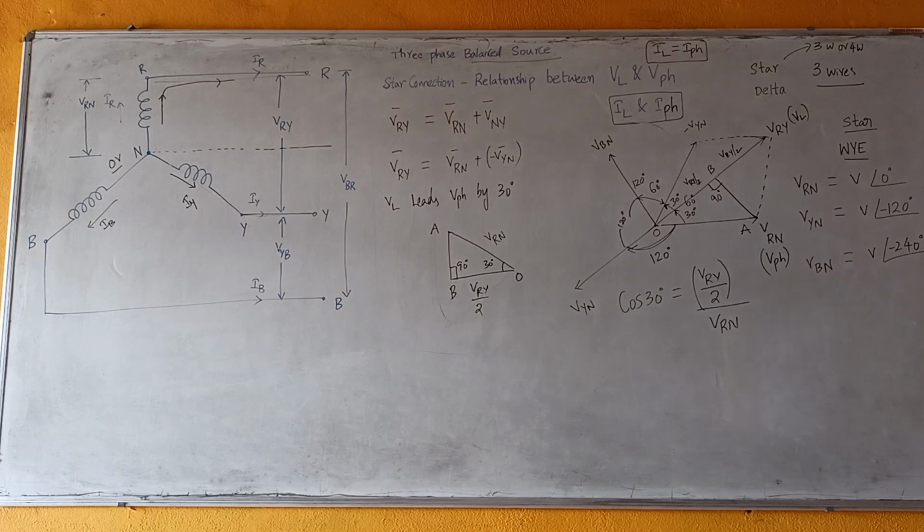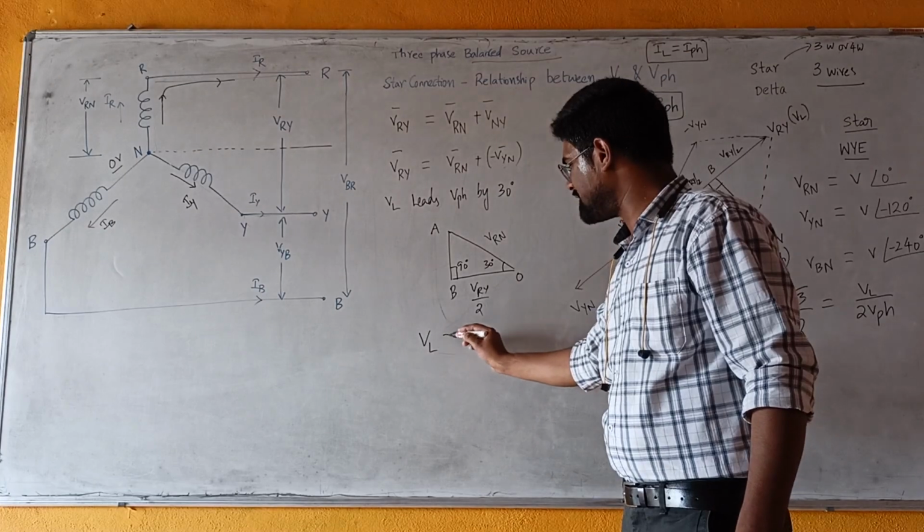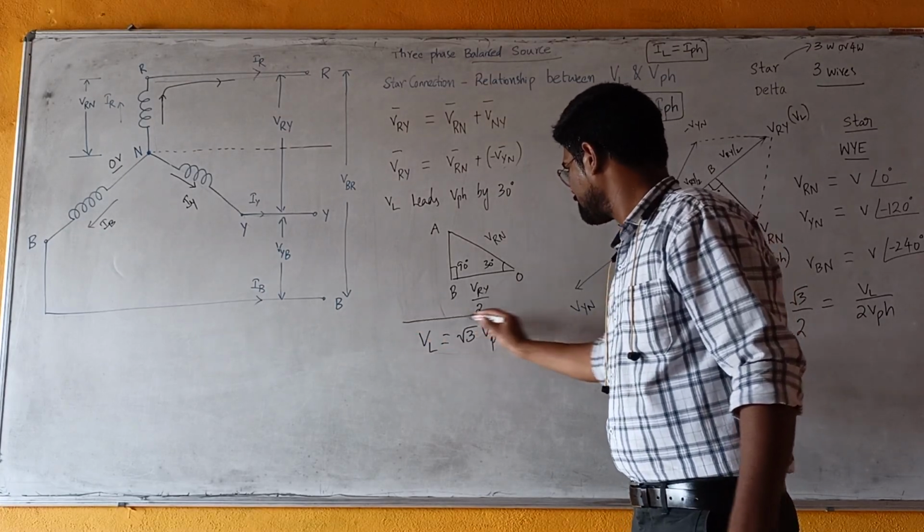Now cos 30 degrees is equal to VRY by 2 by VRN, which implies root 3 by 2 is equal to VL by 2 V phase. 2 and 2 get cancelled, and from this we can say VL is equal to root 3 times V phase. Here I am writing the relationship: VL is equal to root 3 times V phase.